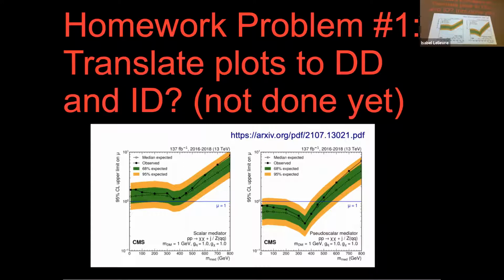So this is just going to be equal to the coupling bound squared over the default coupling squared, which in this case is just 1. So if you just take the square root of this plot, you'll get the coupling bound.